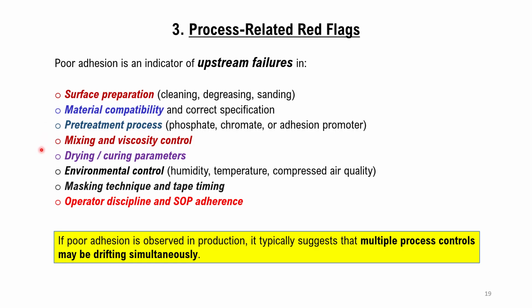Number four, mixing and viscosity control. Number five, drying and curing parameters. Number six, environmental control, that is humidity, temperature, compressed air quality. Number seven, masking technique and tape timing. Number eight, operator discipline and SOP adherence. If poor adhesion is observed in production, it typically suggests that multiple process controls may be drifting simultaneously.